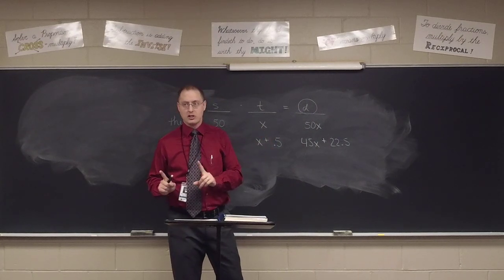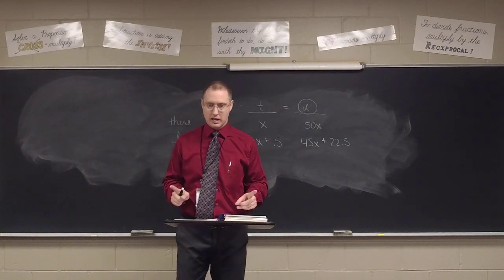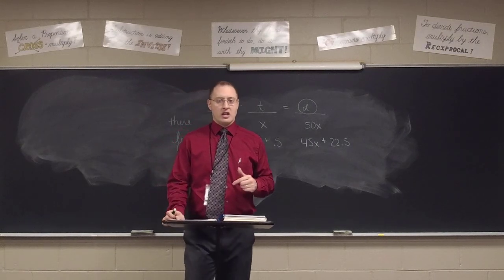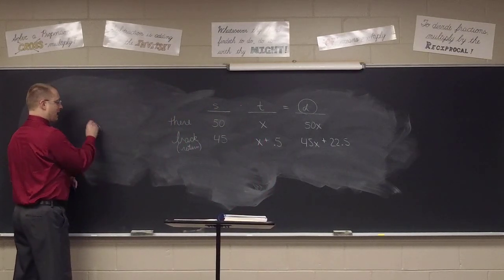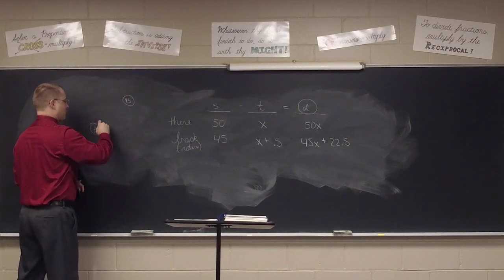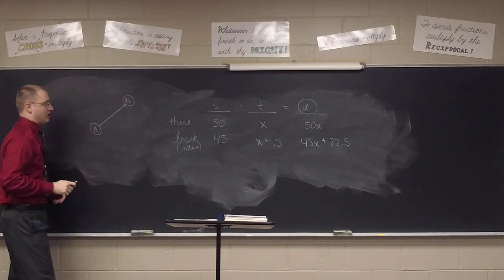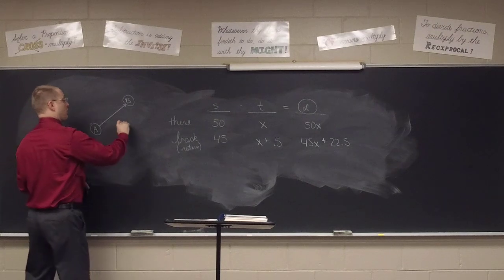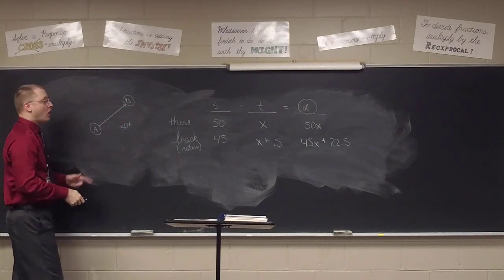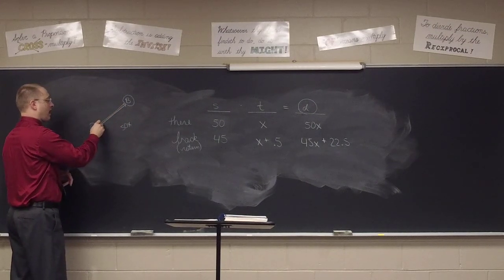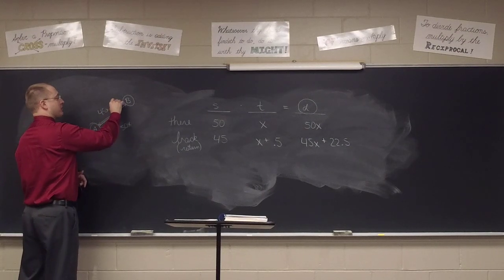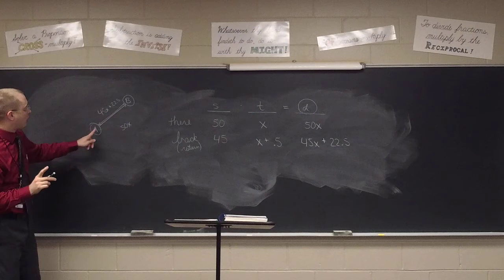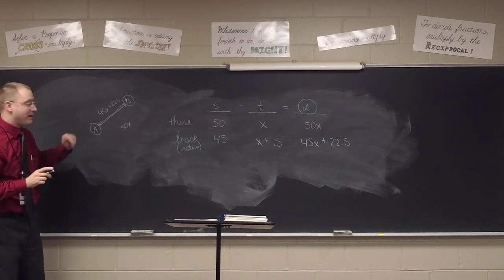And this is where the distance problems deviate slightly. There's not another number, and here's why. We start out at point A, we go to point B. There's a distance there. I don't know what it is. It's 50x. Then we come back. I don't know what that distance is. It's 45x plus 22 and a half. But what do I know about the distance there and the distance back?